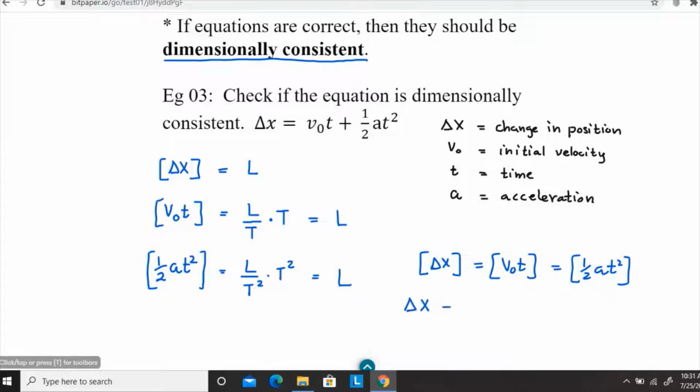So delta x equals v naught t plus 1/2 a t squared is dimensionally consistent. That's how you use this analysis to show that an equation is correct. And you can check this with so many other equations that we are going to discuss in this course. Just try to see their dimensions and whether the dimensions are consistent.